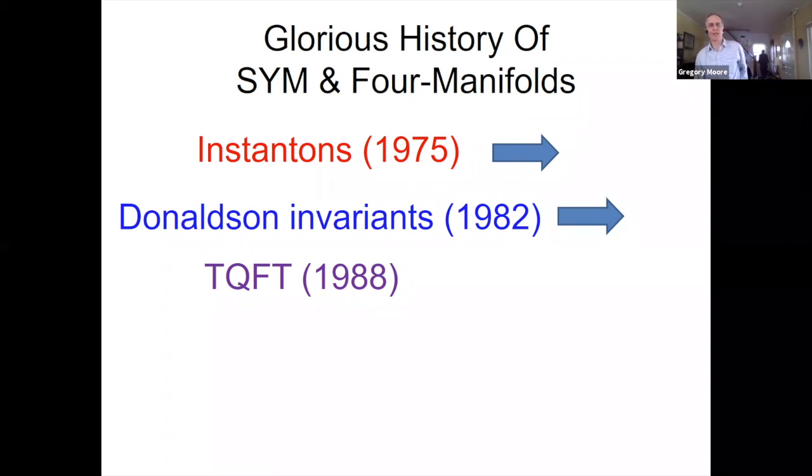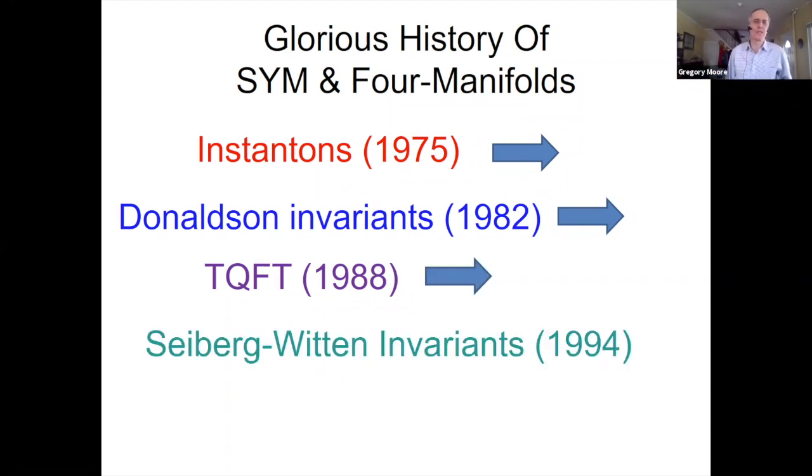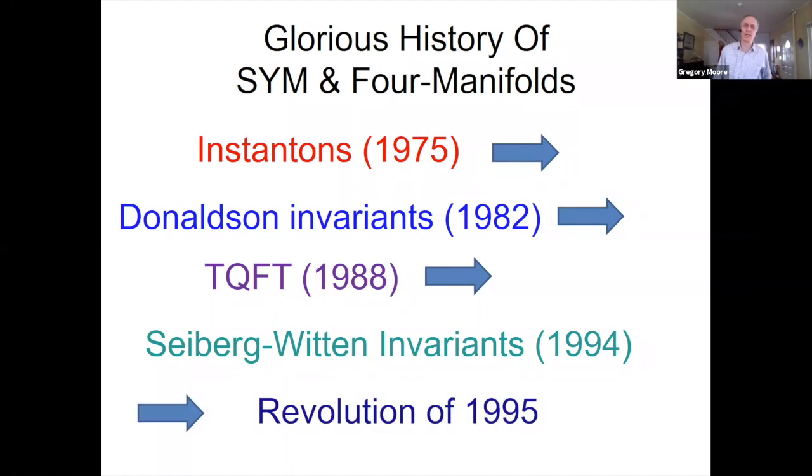But all that changed in a dramatic way in the spring of 1994 when Seiberg and Witten did give an effective description of the low energy dynamics of these theories. And that in turn led to the discovery of Seiberg-Witten invariants in the fall of 1994, which in turn led to the revolution of 1995.